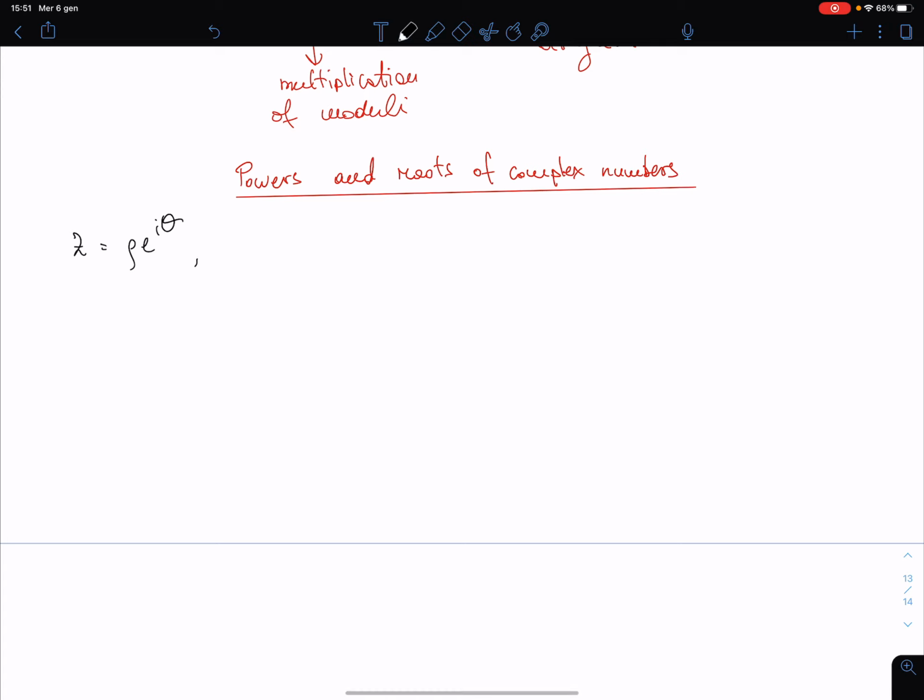It is clear that z squared, here I have to take the product of the moduli, so rho times rho is rho squared, and then the sum of the arguments, so e to the 2i theta. z cube is equal to rho cube e to the power 3i theta, and so on and so on.